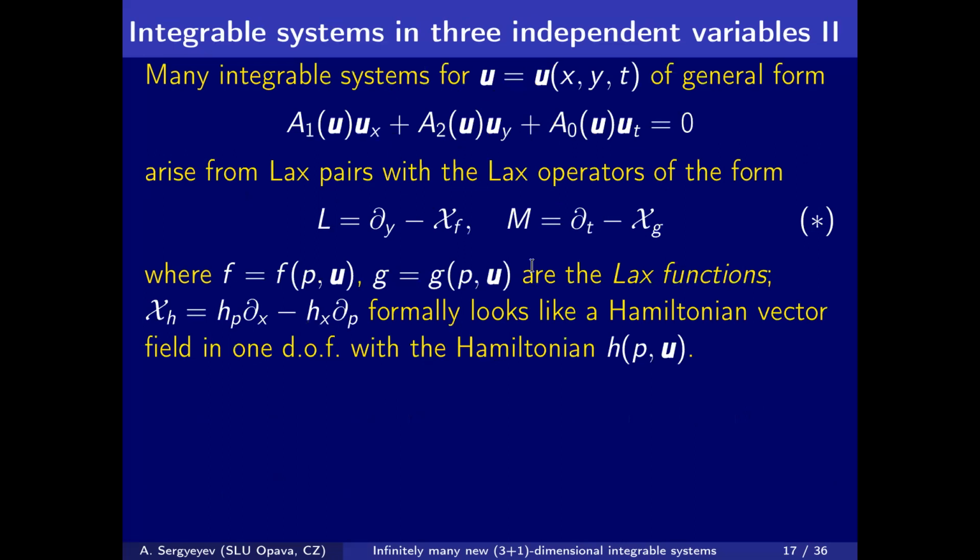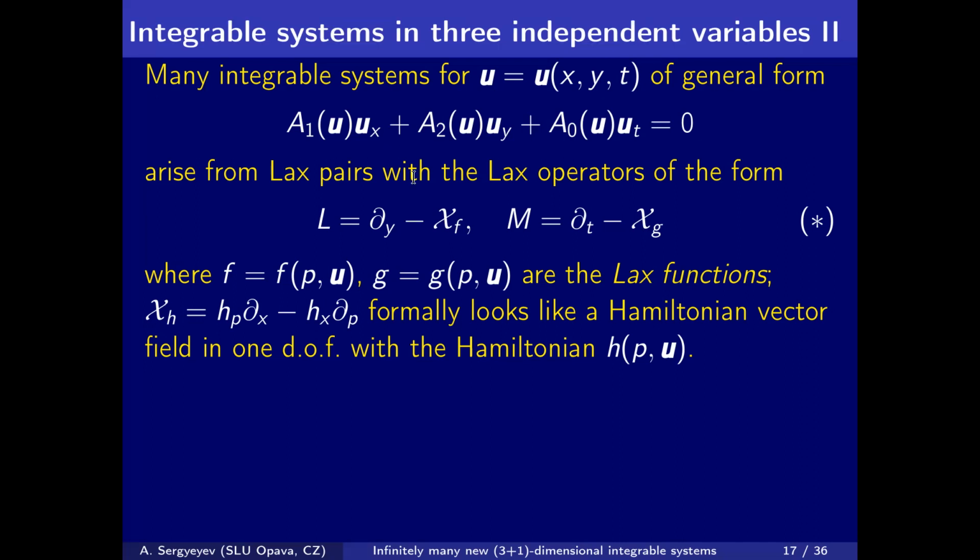Okay, and here's the second large class of examples. So again, this is quite well known, I guess. In this generality, I think it's known for like 30 years, although it's a little bit difficult to say who has formulated it in this generality.